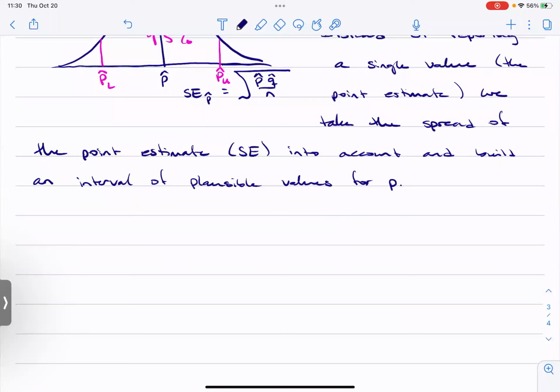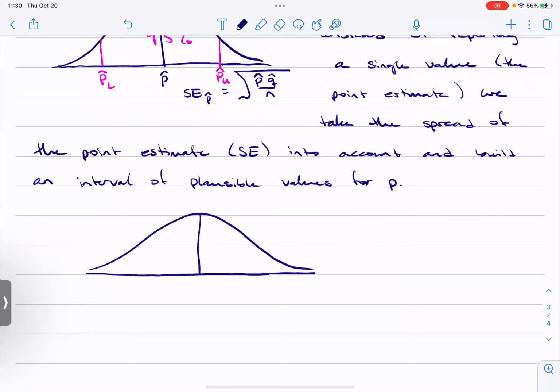Okay. So in terms of our normal distribution, if we're talking about Z scores, which is our Z table, Z is centered on 0. So mean of 0.